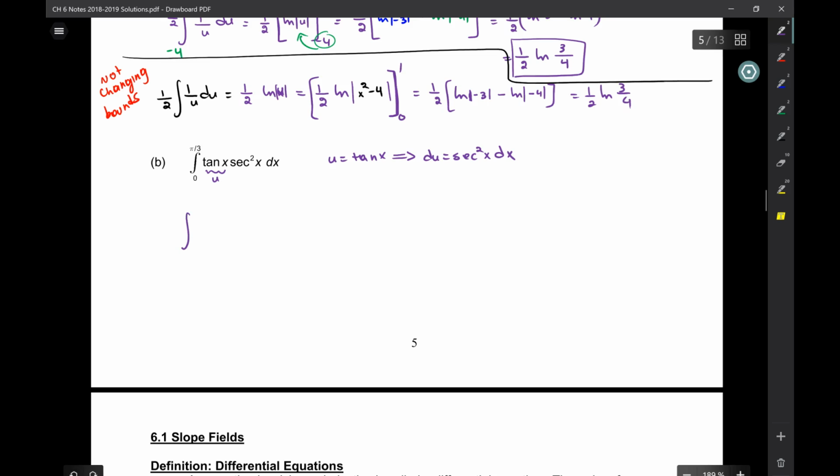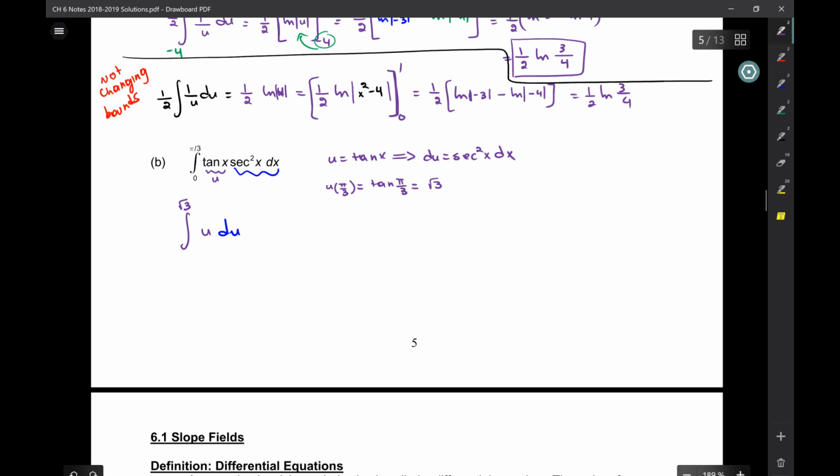So now, this is u, this is du. Okay? Now, I'm going to change the bounds. So I say, okay, u of pi over 3 is equal to tangent of pi over 3, and that's root 3. I'm going to ruin the surprise for you.